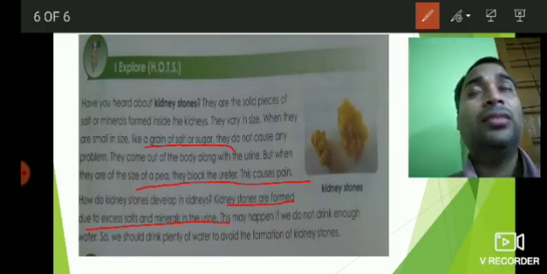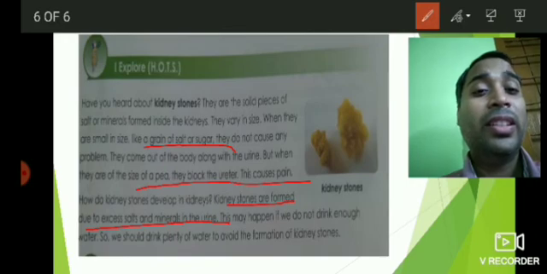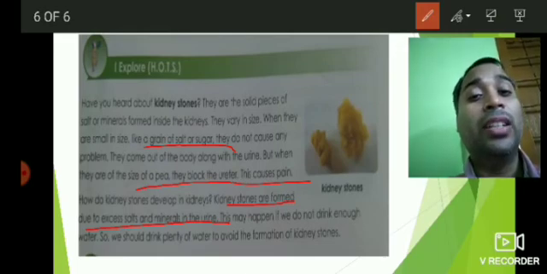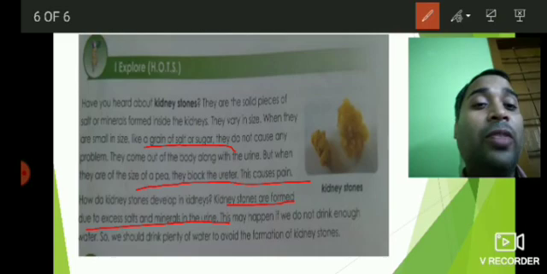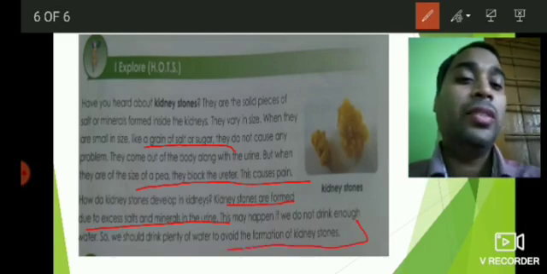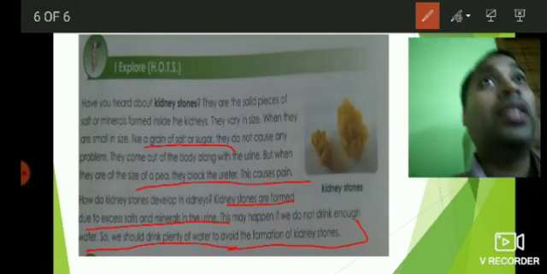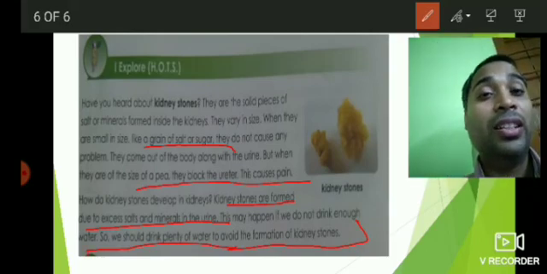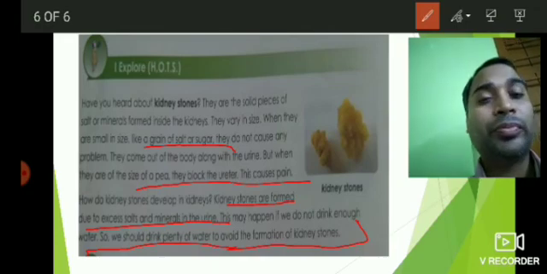So drinking water is also one of the key things in order to keep our kidneys working well and properly. They will function if we drink water regularly. So we should drink plenty of water to avoid the formation of kidney stones. So anyone who does not drink much water may suffer from kidney stones. So this is how you can avoid the formation of kidney stones.